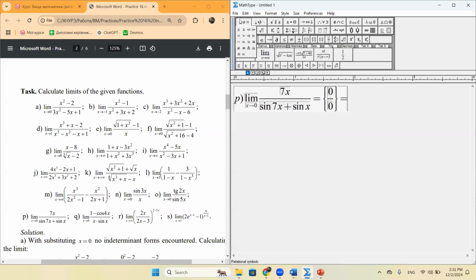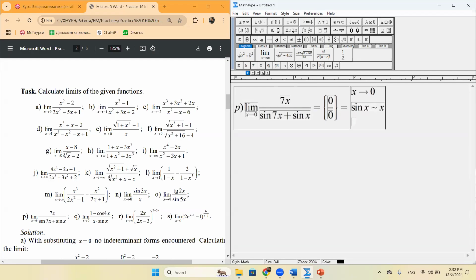We will use the chain of equivalent infinitesimal functions. So, as x approaches 0, what will be equivalent? Sine of x in this case is equivalent to x, and sine of 7x is equivalent to 7x.